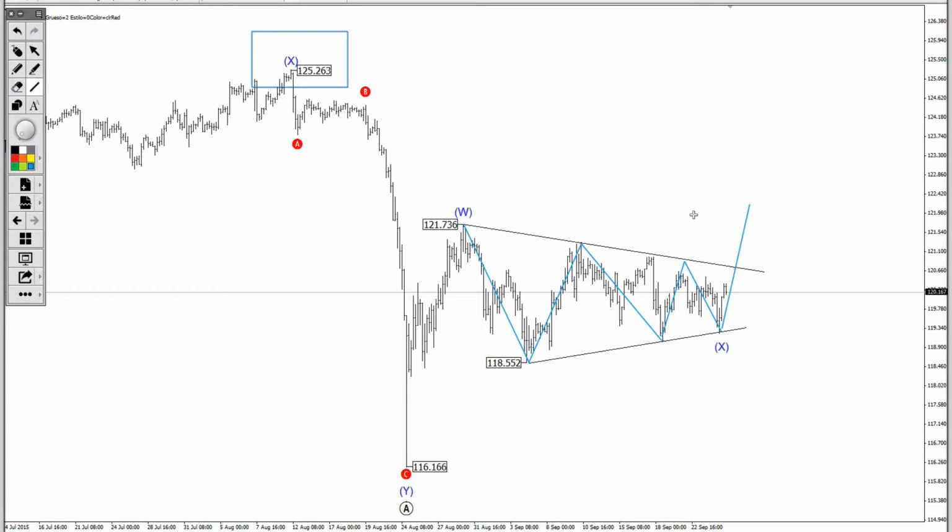So 120.7, 121 flat, those levels are ones to watch for today. If we get a break above those levels, then this triangle is more than likely completed.